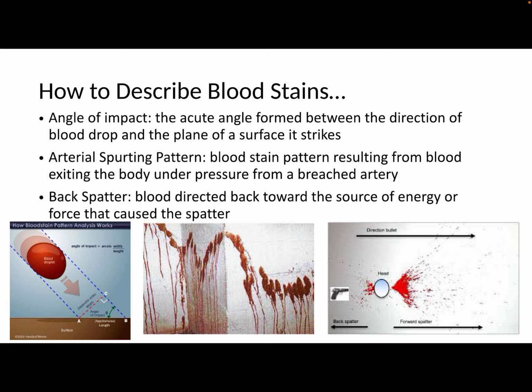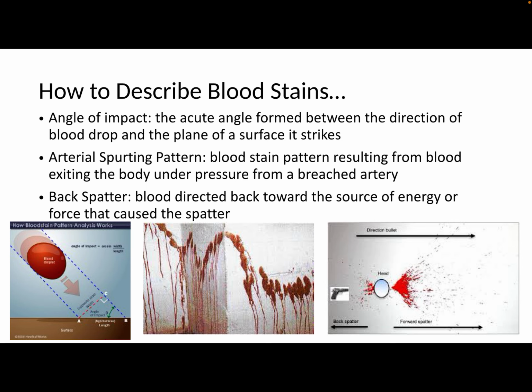And with gunshot wounds, we're going to have forward spatter and back spatter. So I'll refer back to this diagram in a moment. But back spatter is blood directed back toward the source of energy or force that causes the spatter. So this would go back toward the shooter themselves. So here in the image, you see there is a gun, there's a bullet going through the head, which is the circle in the middle.